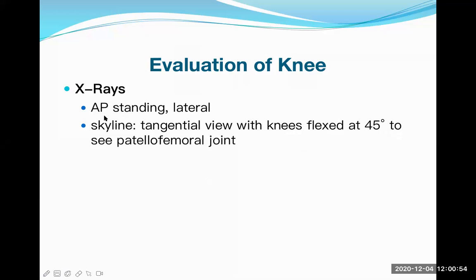So X-rays are taken in anteroposterior standing position and lateral position, and sometimes we take the skyline view also. This skyline view means it's a tangential view with knees flexed at 45 degrees to see the patellofemoral joint. So from the top surface, from the above, okay, you are taking the X-ray.